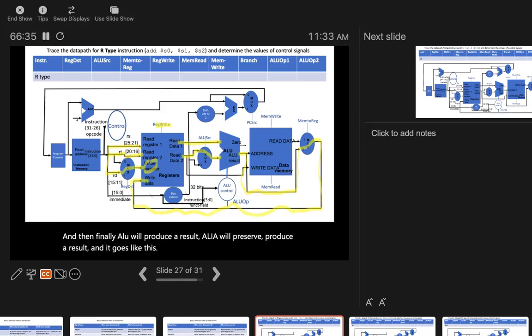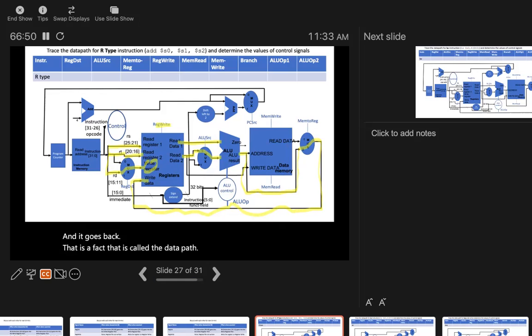That is a path. That is called tracing the data path. When we trace the data path, we are able to find out what should be the value of these different control signals.